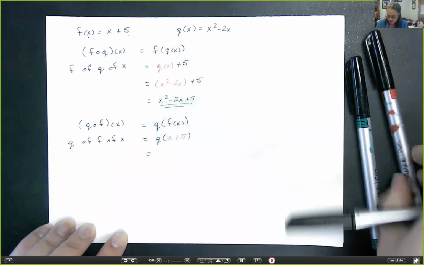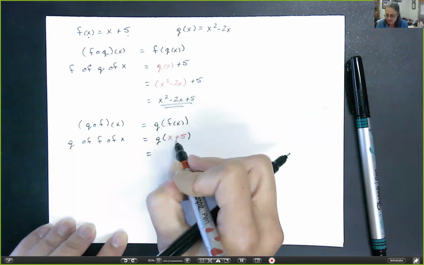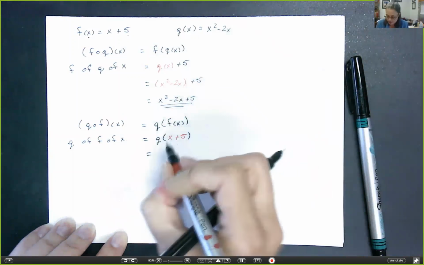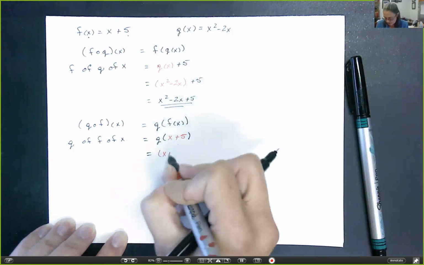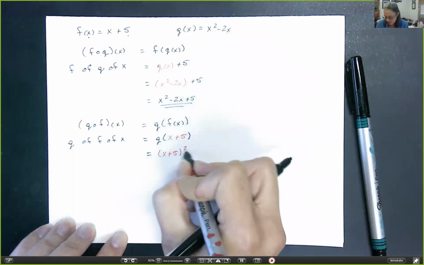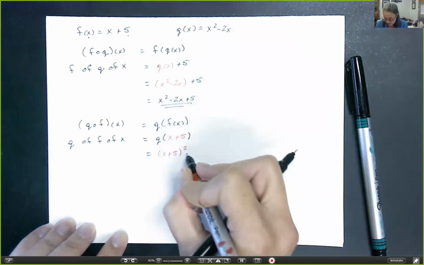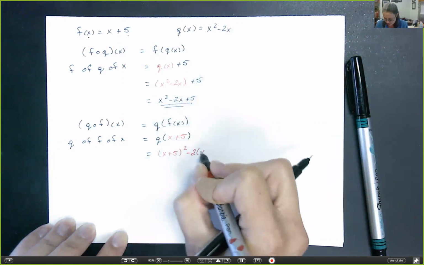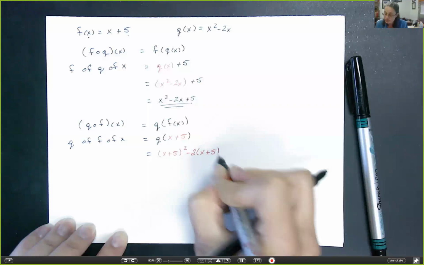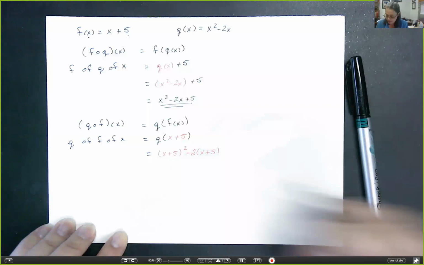We take whatever's in our parentheses, square it, and then subtract 2 times whatever that thing is. Now we simplify.